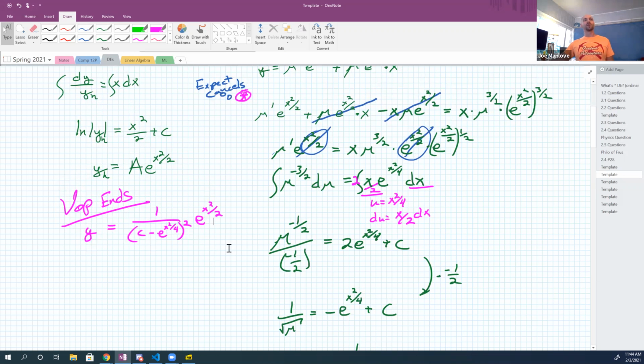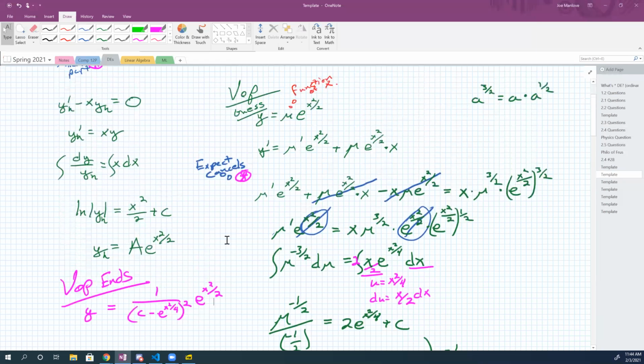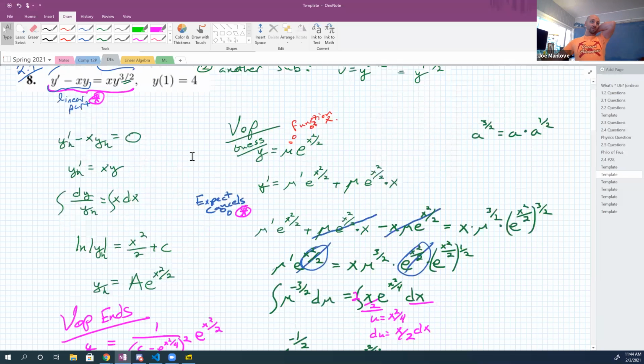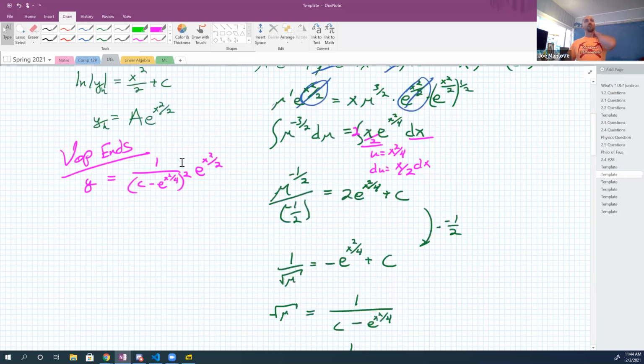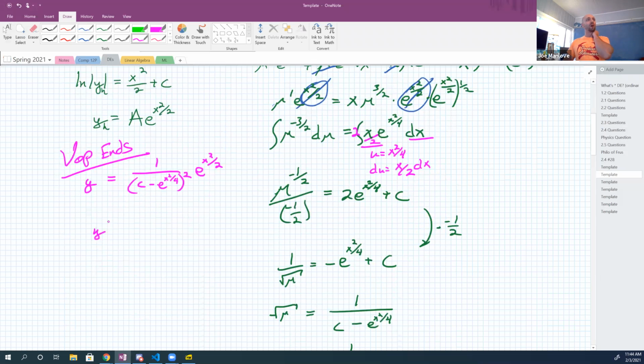All right, so am I done with this problem, with variation of parameters ending with this? Not quite. You have to solve for the constant. Yeah, way up top they told me y of 1 was 4. So I need to plug in y of 1 equals 4.